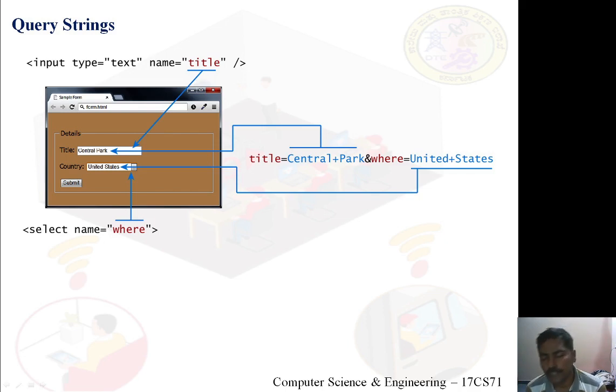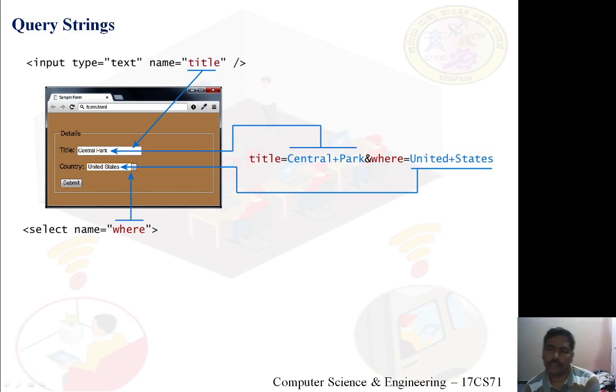The next field is where, equals United plus States, again with plus for white space. Got it? Clear? So this is what we call a query string.